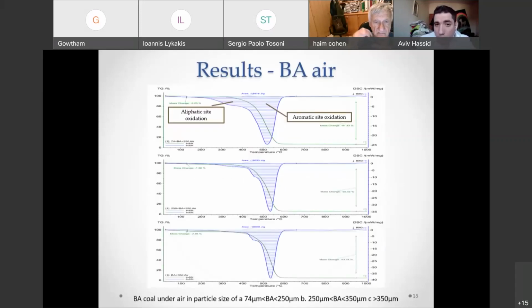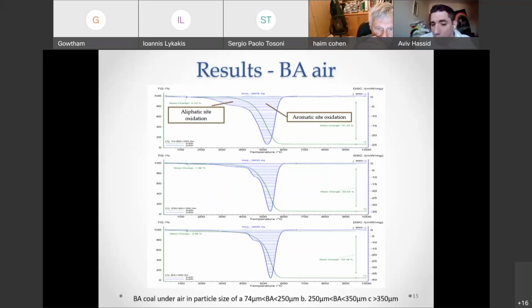Here are some examples of the results. In this slide, we see a graph of the Bailey BA, the bituminous Bailey, under air atmosphere. In the upper graph, treated particle size between 74 micron and 250 micron.